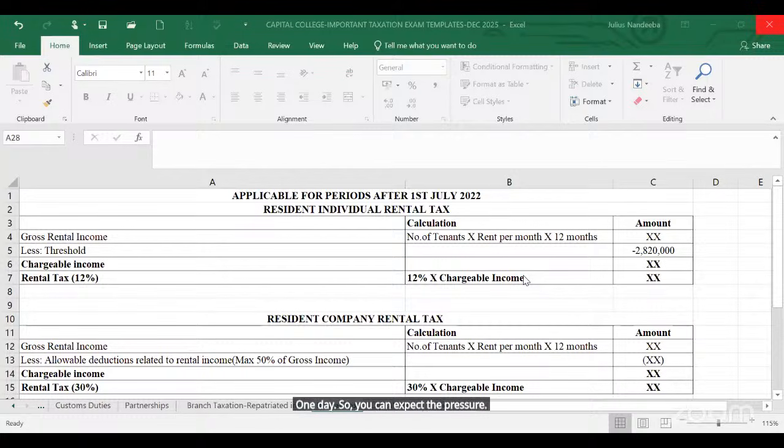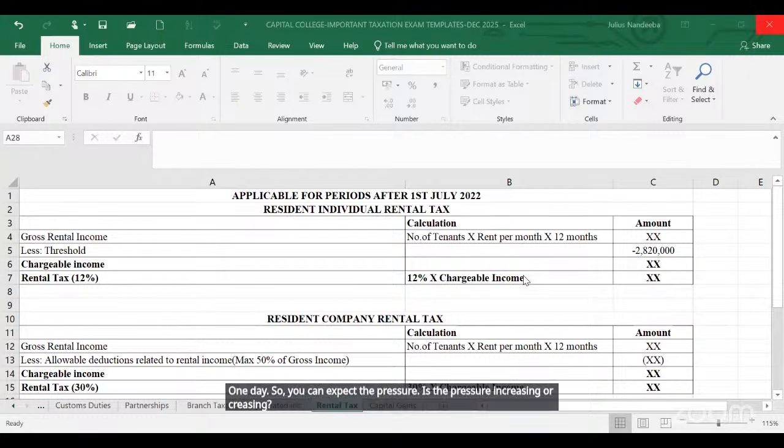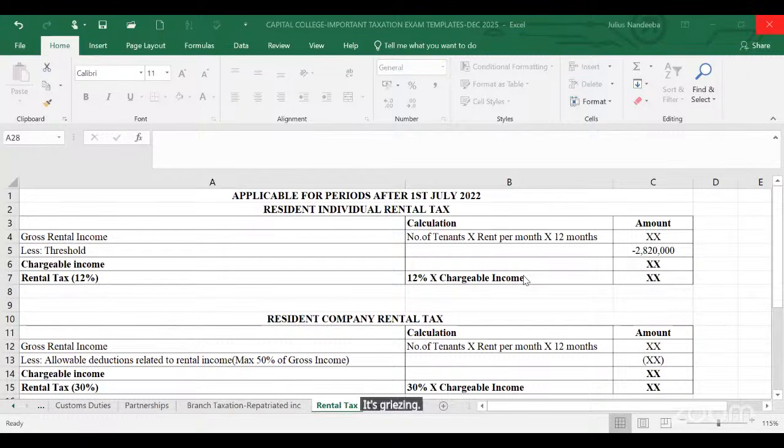Is the pressure increasing or decreasing? It's increasing. Some of you are going to cut weight in just 2 days. Some of you are like, but have I started reading? Yes, you have 2 days to change the fortunes.